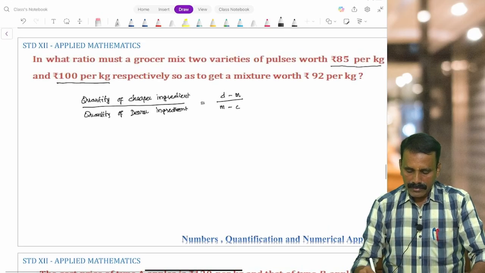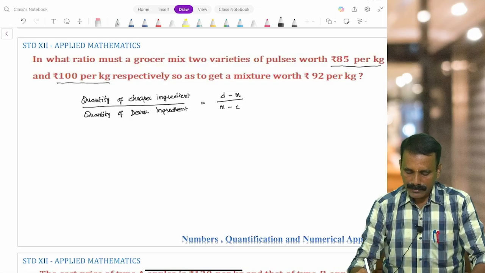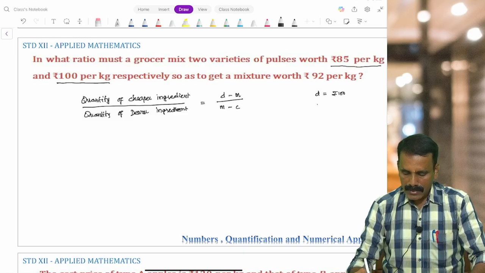Now we try to write the values. The dearer value is going to be rupees 100, the cheaper value is going to be rupees 85, and the mixture price, the mean value, is going to be 92.